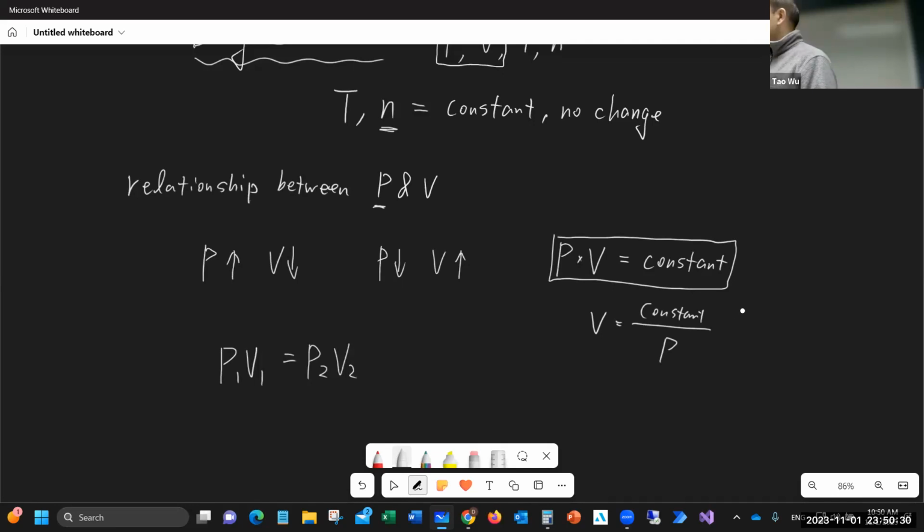Since P times V equals a constant, P1 times V1 equals a constant, and P2 times V2 also equals a constant, and those two constants are the same. So that's why P1 times V1 is equal to P2 times V2, and you can use this equation for solving a problem.